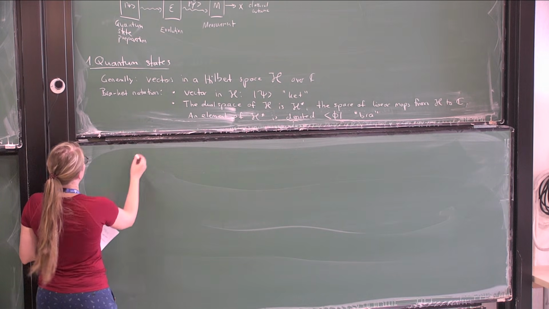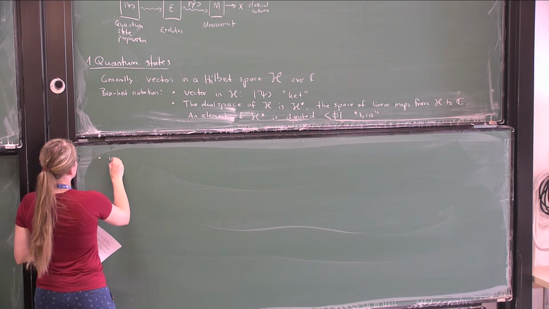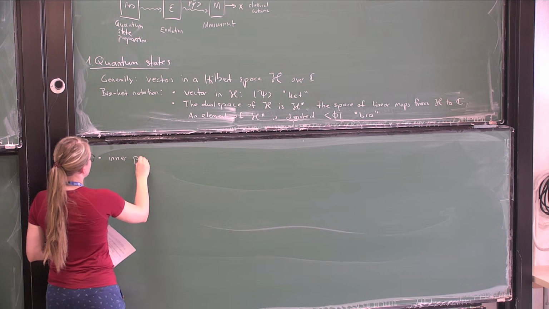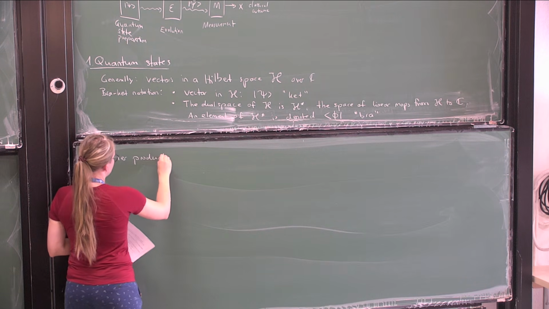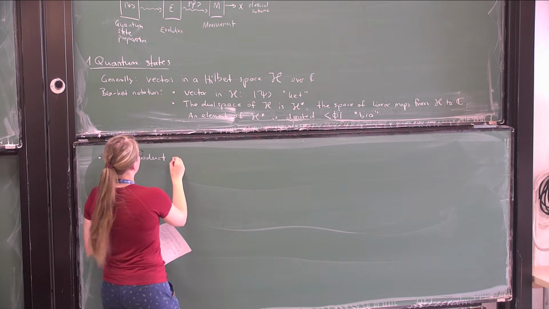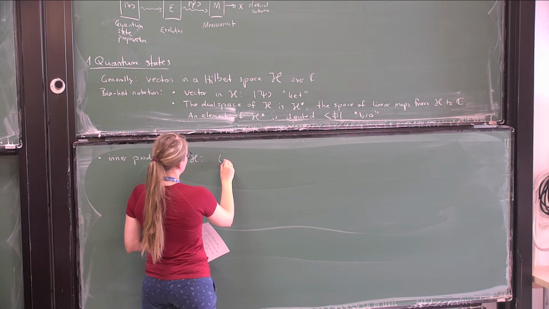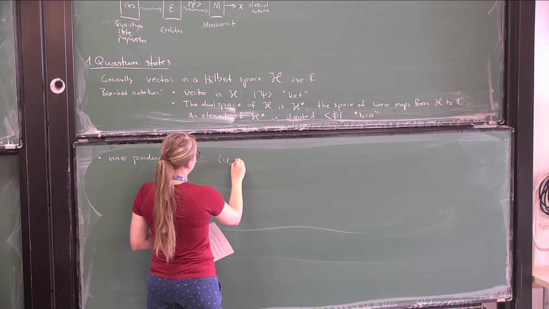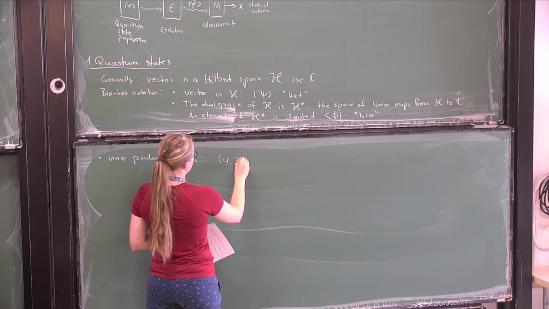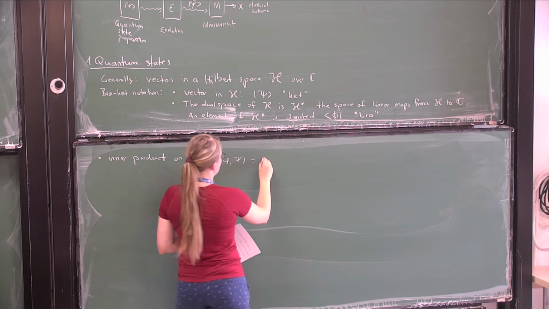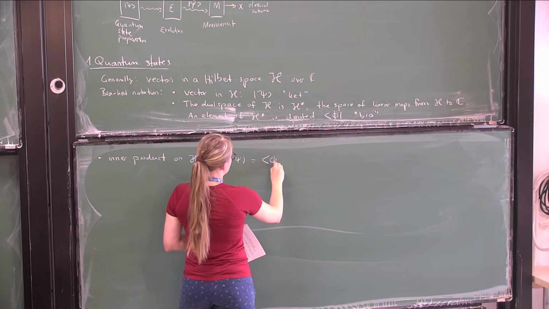So what we also need is an inner product on H. So we'll take two vectors phi and psi. This inner product is this bracket.